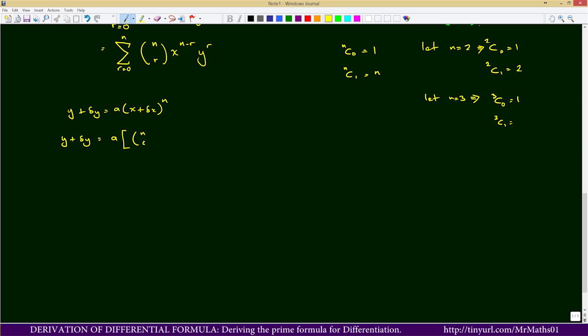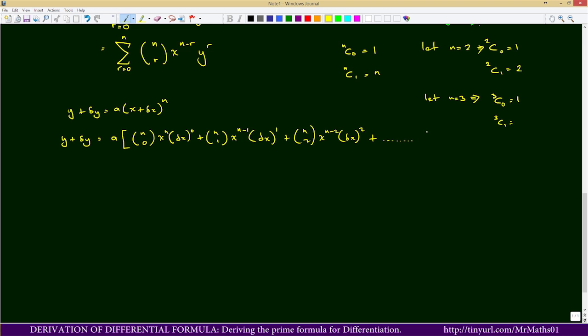I'm going to put that as n choose 0, x to the power of n, delta x to the power of 0, plus n choose 1, x to the power of n minus 1, delta x to the power of 1, plus n choose 2, x to the power of n minus 2, and delta x to the power of 2, and plus the rest.